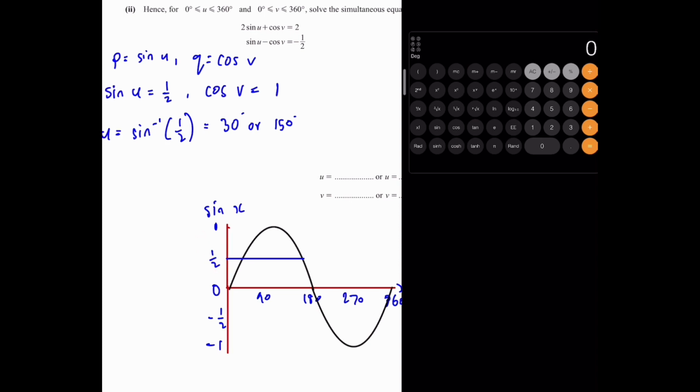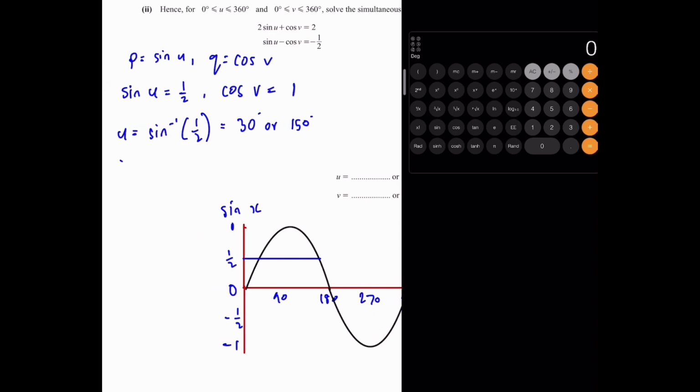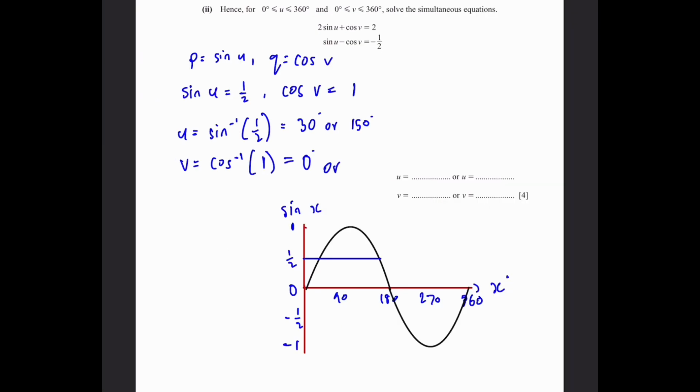So you can do the same thing for cos. v is equal to cos inverse of 1. And actually, when we take cos inverse of 1, we only get 0 over here. But then there's another value. I'll draw a cos graph now to explain.